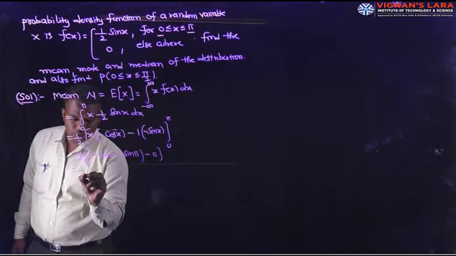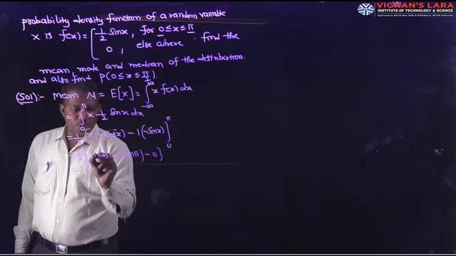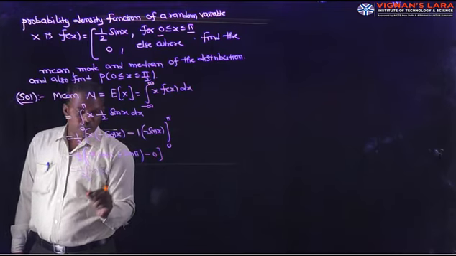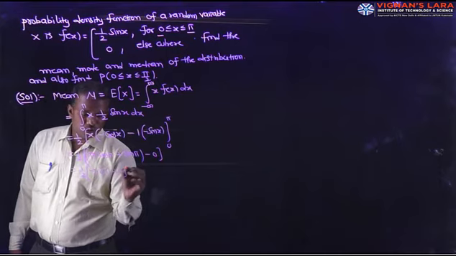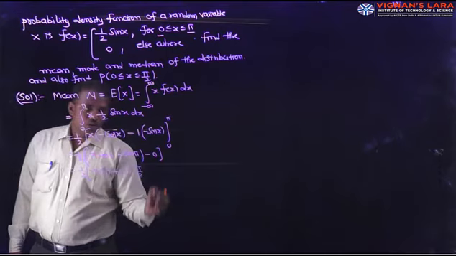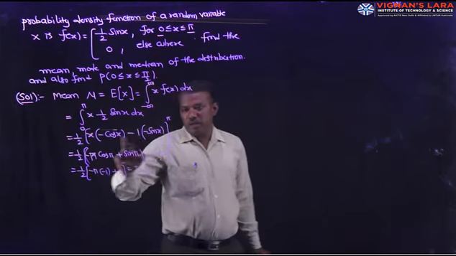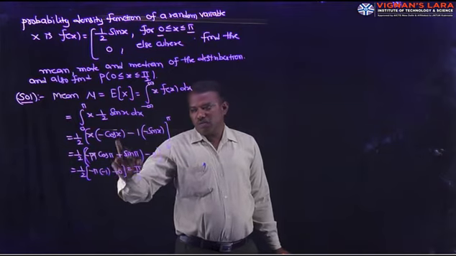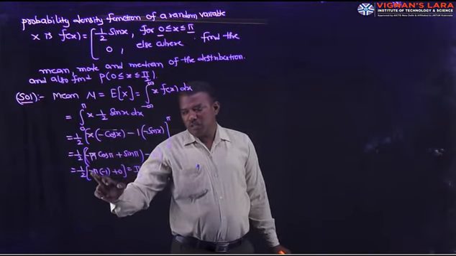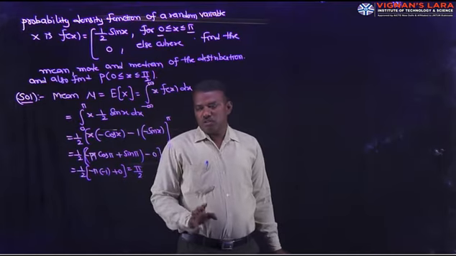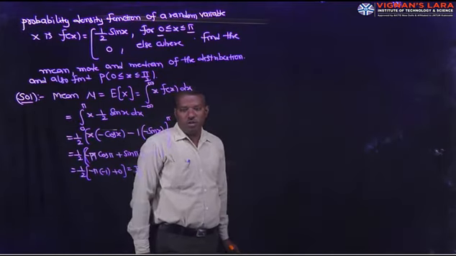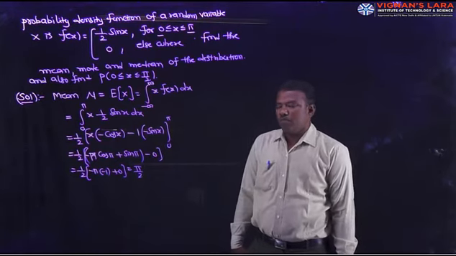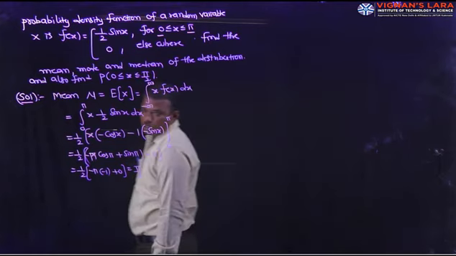At x equal to pi, minus pi into cos pi, cos pi value is minus 1, sin pi value is 0, so its value is pi by 2. So the mean of the distribution is pi by 2.